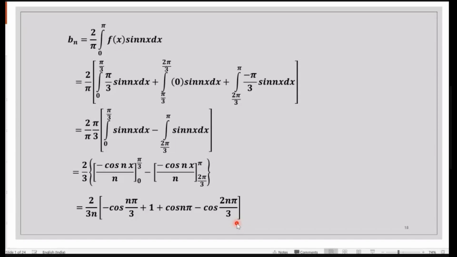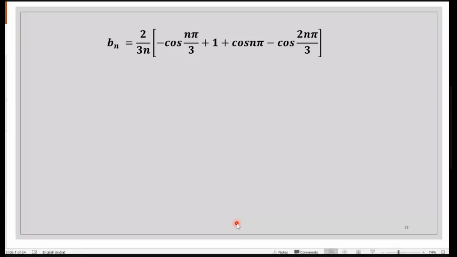What is the formula for cos c plus cos d? It is 2 cos of (c plus d) by 2 into cos of (c minus d) by 2. Again it becomes cos into cos. I have kept the answer like this only and then substituted in the summation.